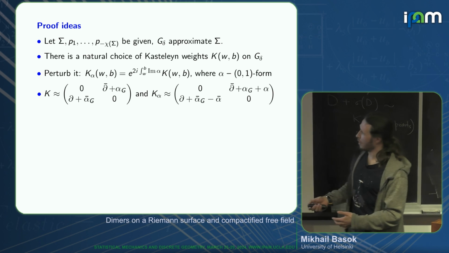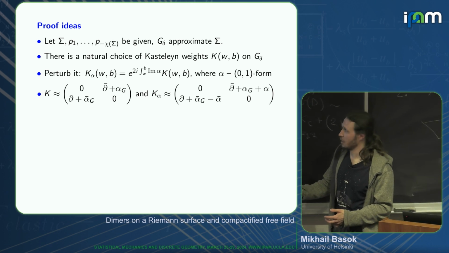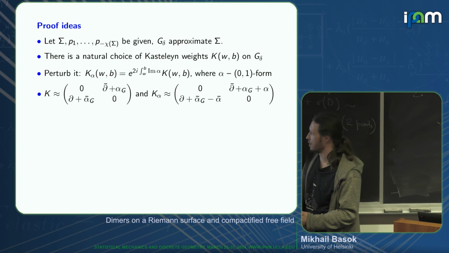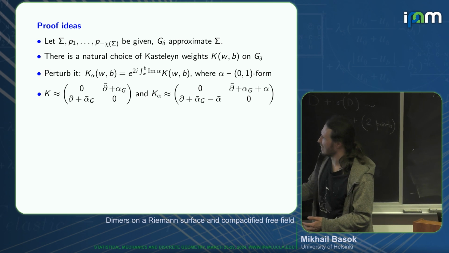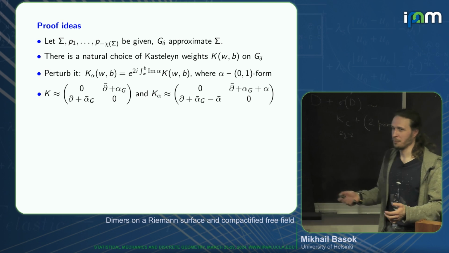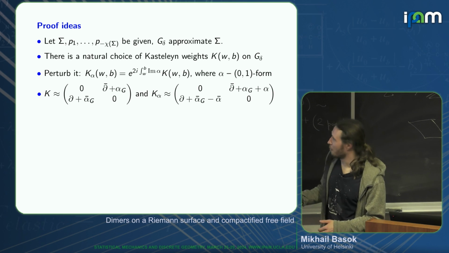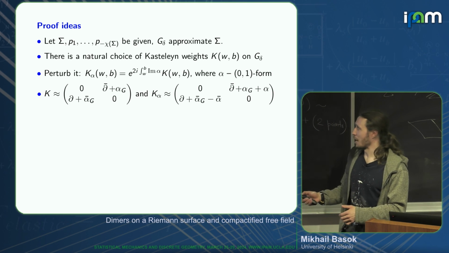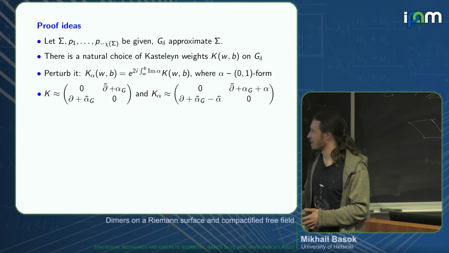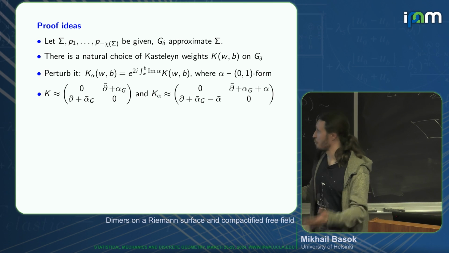Then what we want to do is take this Dirac operator and perturb it even more. So we introduce a perturbation of this form. I think such things first appeared in Dubédat's work, so it should be credited to him. Morally, we can think that we introduce some other non-trivial gauge, but it's not actually like that, because alpha is an arbitrary 0-1 form.